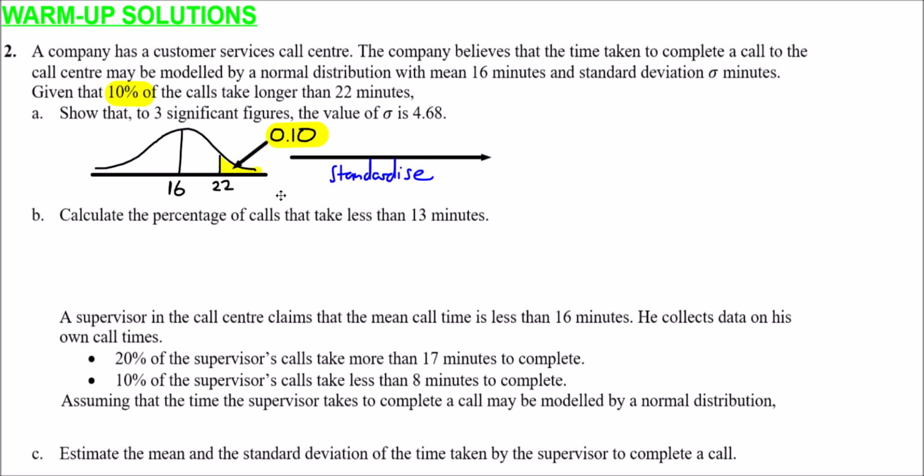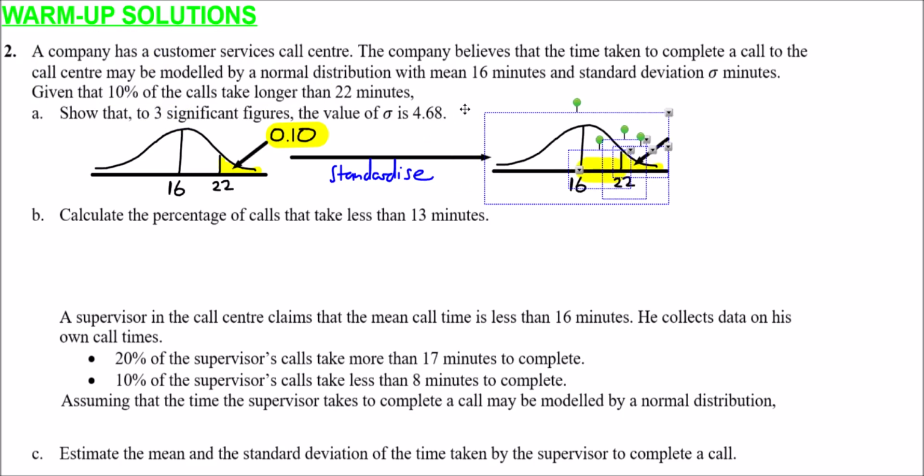So if I just take the exact same curve, and we can just adapt the values as such, then 16, the mean for any standard normal distribution is always 0, so this is going to become 0. And at this end here, it was 22.